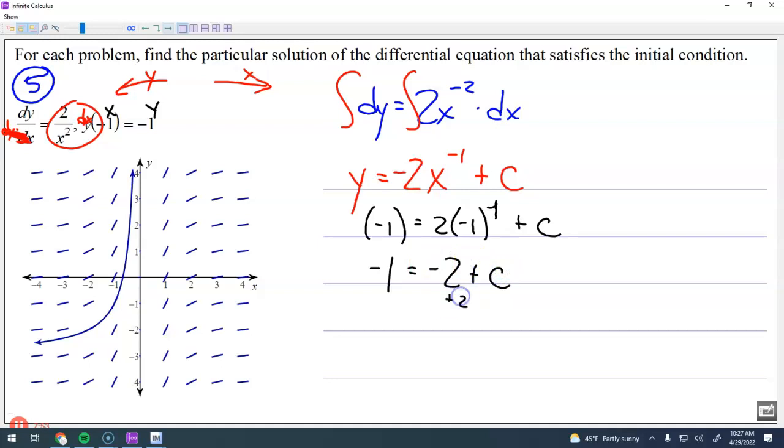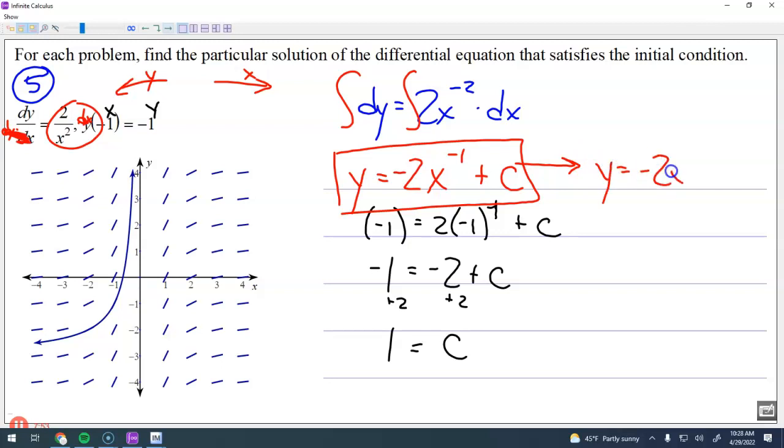So if I add 2 to both sides, I get that c equals 1. And now I can take this general equation that I had, not really knowing as much information before, and rewrite it in a more specific, accurate way. So c is now 1. And that's your answer.